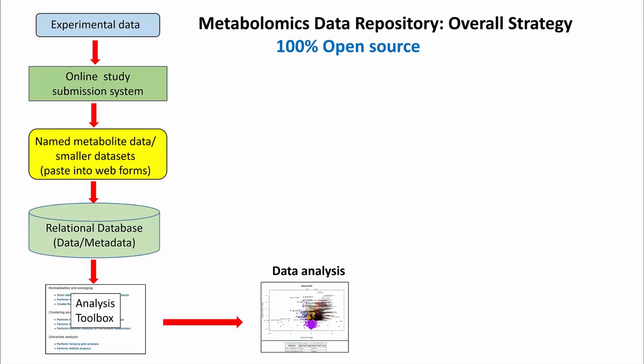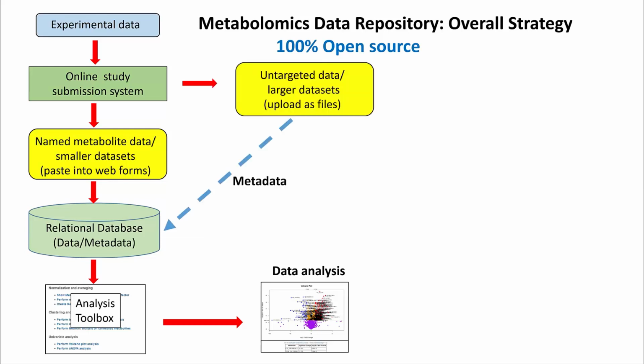Next, please. Once this data and metadata is in the database, we have a series of tools as part of a comprehensive toolbox, which can be applied to these different studies, and we can do different types of analysis, some of which I will cover a little bit later.